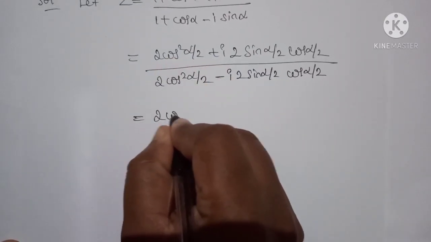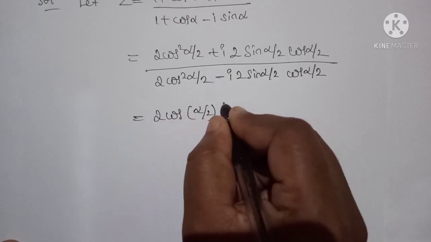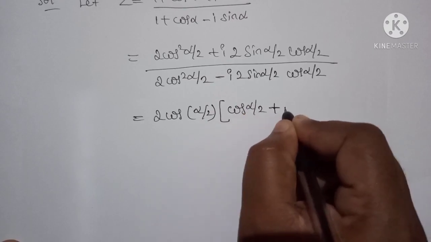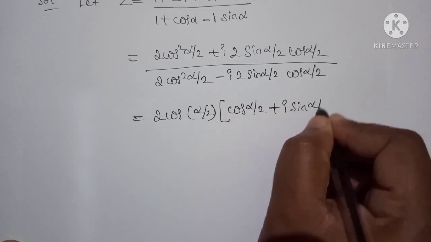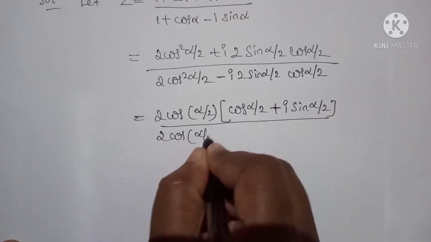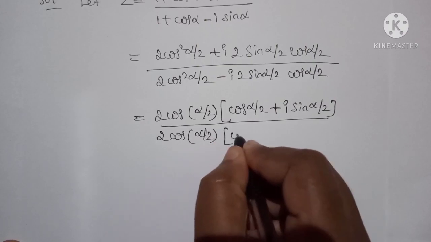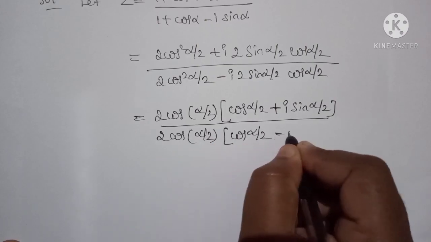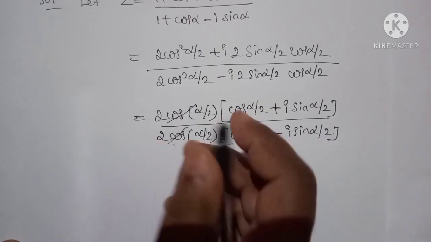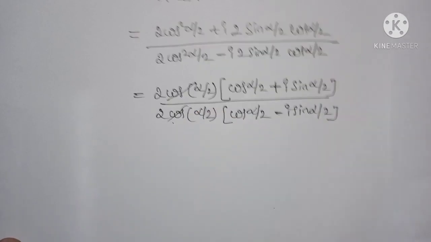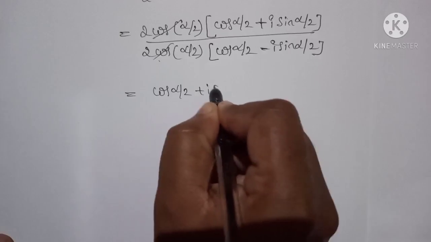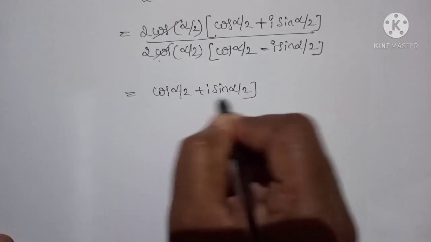On taking it common, in the numerator we get cos alpha by 2 plus I sin alpha by 2, and in the denominator cos alpha by 2 minus I sin alpha by 2. These two get cancelled. Now the numerator stays as it is.